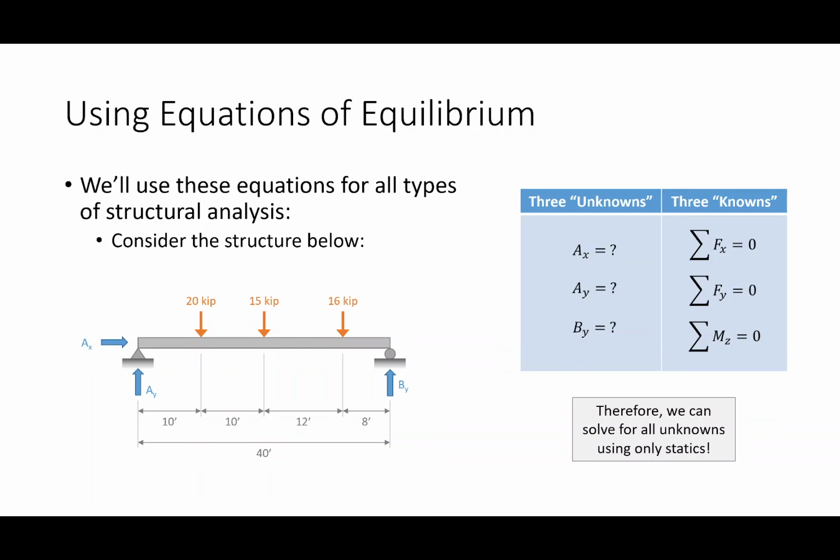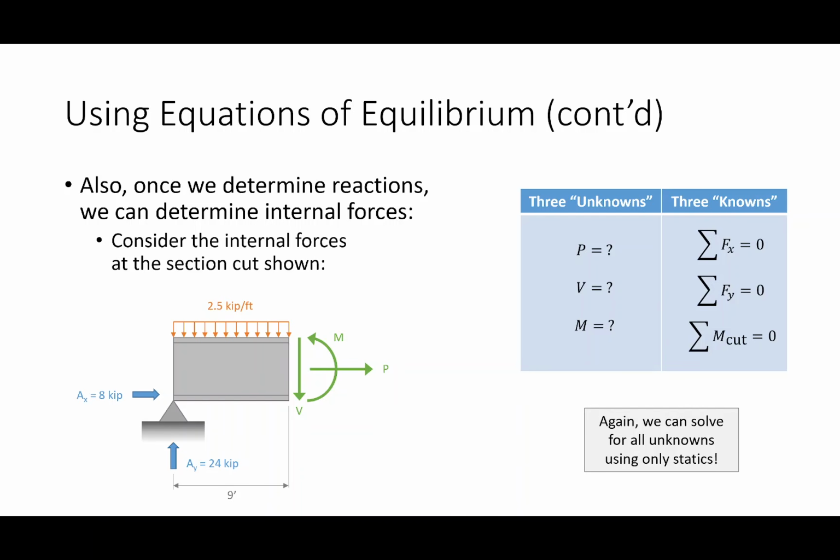So if I were to compare the number of unknowns to the number of knowns, they'd be identical. Everybody with me on that? So the number of unknowns equals the number of knowns. In this scenario, I could figure out what AX is, what AY is, and what BY is using only statics. I don't need anything else. So far, so good? We would say that this structure is statically determinate.